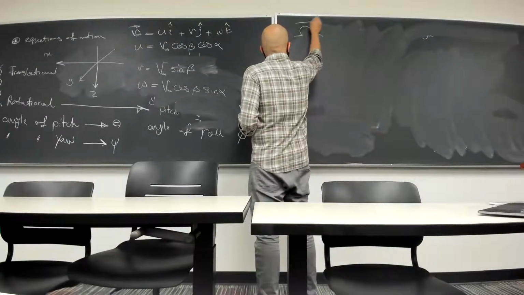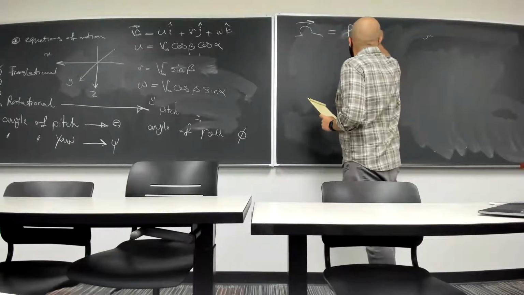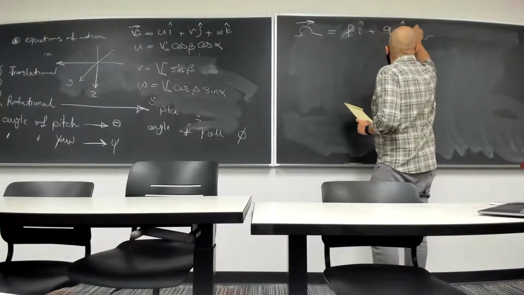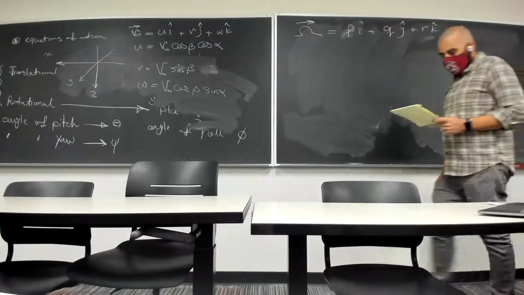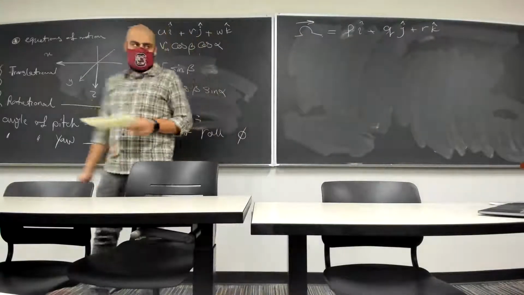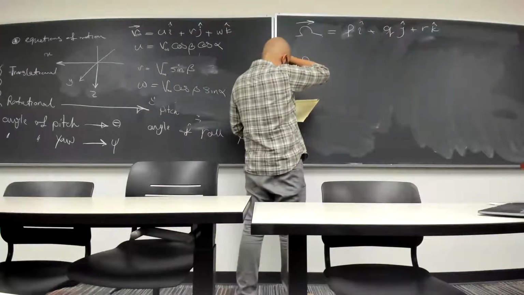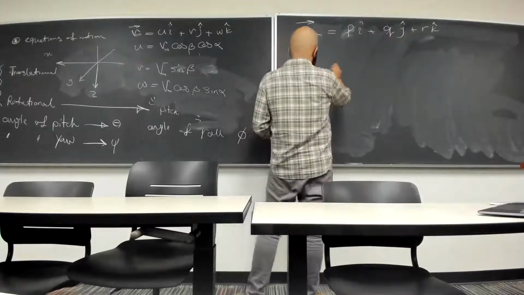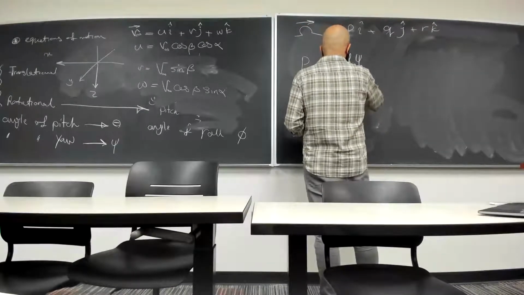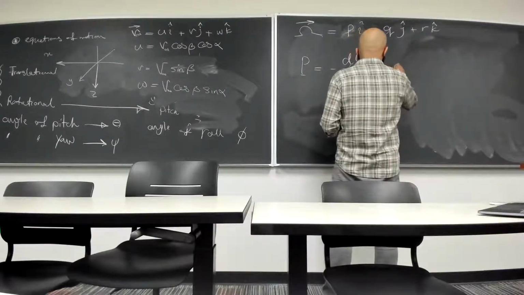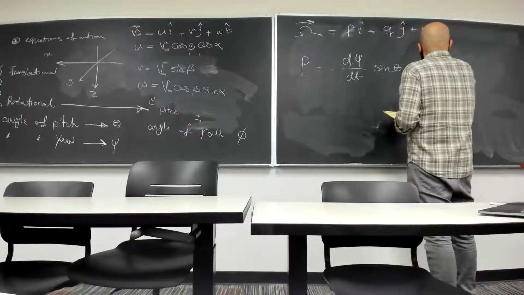So angular velocity, omega, has these components, P, Q, and R. And all of these components are going to be: P equals negative d psi dt sine of theta, plus d phi dt.